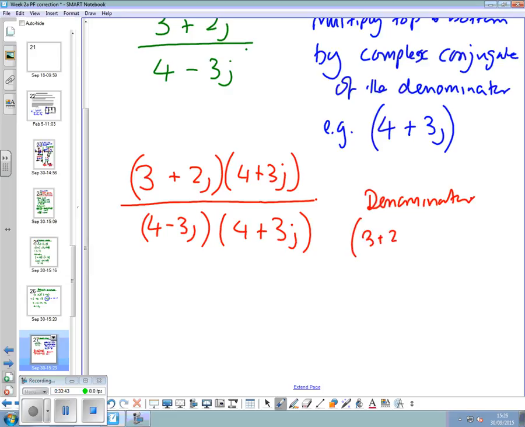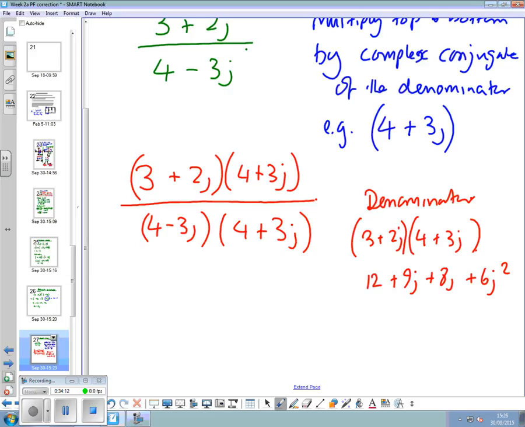(3 + 2j) times (4 + 3j). That's 3 times 4 is 12, 3 times 3j is 9j, plus 8j, and on the end is 2j times 3j, which is plus 6j squared.